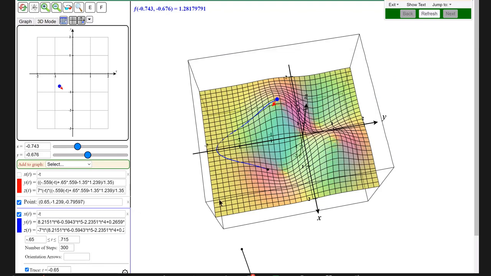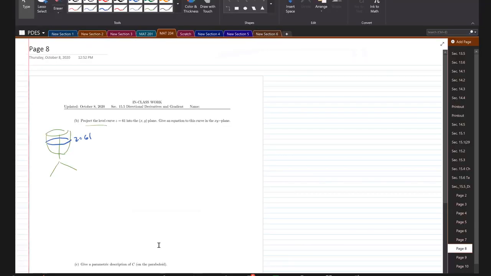If you were to project that down into the xy plane and then find that path of steepest ascent, or if you wanted to do a level curve on that, it might be quite a bit more difficult to parameterize. But to keep the numbers easy for us, let's do it for this paraboloid. So what we're doing here is project this down into the xy plane, that's going to be some sort of ellipse, and then find an equation for it.